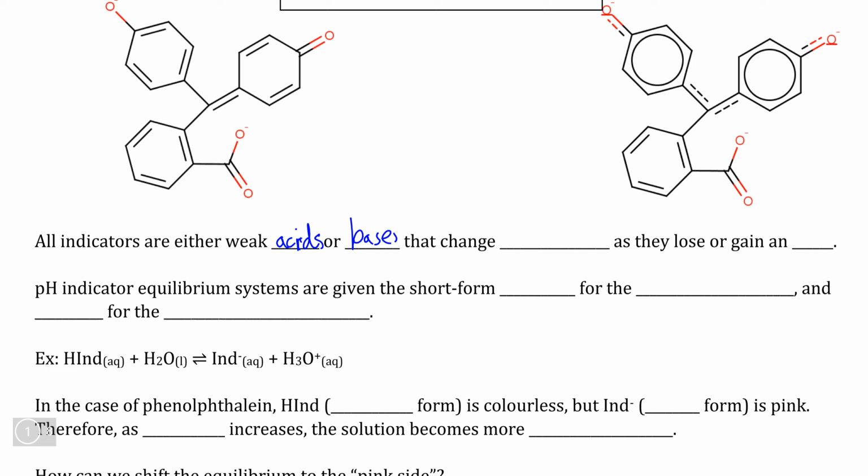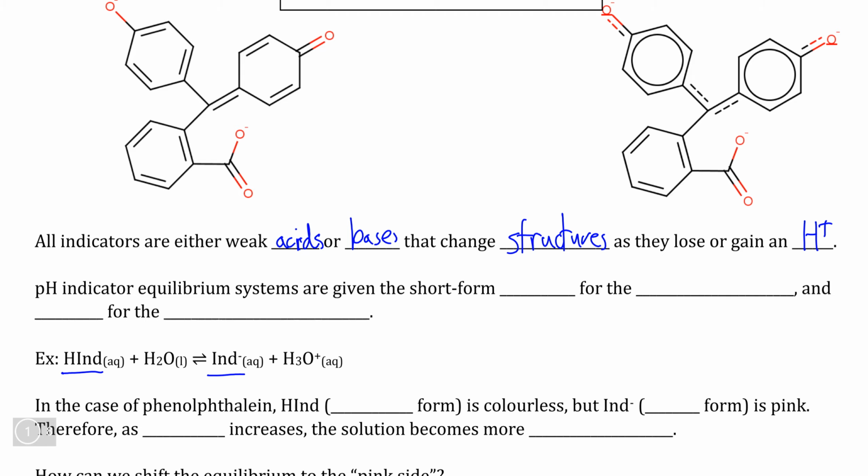And the idea is that these weak acids or bases change structures fairly significantly as they lose or gain H+ ions. Now, because indicators have a very complicated chemical structure, writing out the chemical formula of an indicator is a time-consuming mess that most chemists don't bother with.